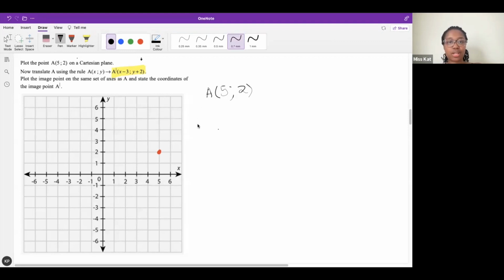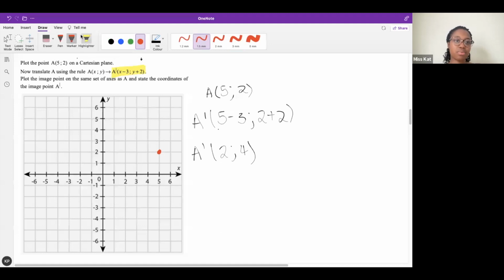All right. So for A prime, you said we're going to take 5, subtract 3, and 2 plus 2. So my new coordinate for A prime will be 2, 4. Well done, guys. Feels like we are feeling better about this. So it will be 2, 4 over there.